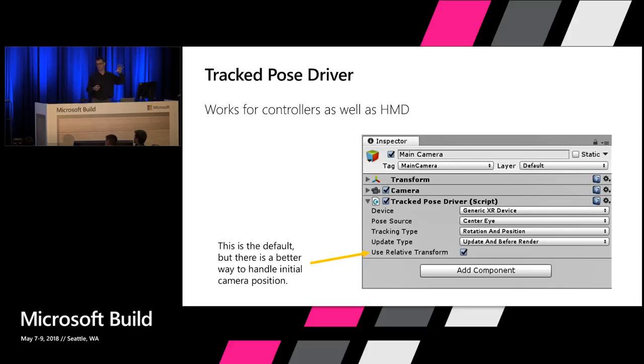You can have it track with the left eye, the right eye, a center eye, or the middle of the head position. And you can specify if you're driving controllers with it, whether it's the left controller or right controller. And there's a couple ways we're going to extend this for other types of input devices. So if this is enabled on a game object, it replaces the implicit camera update that happens by default.